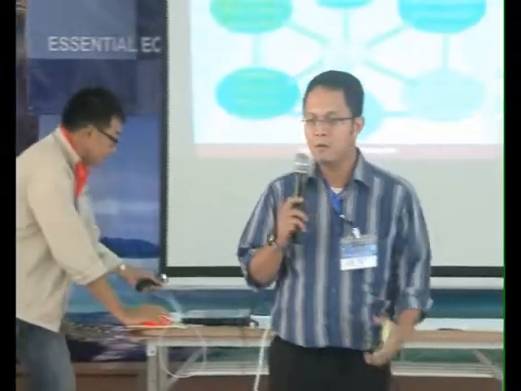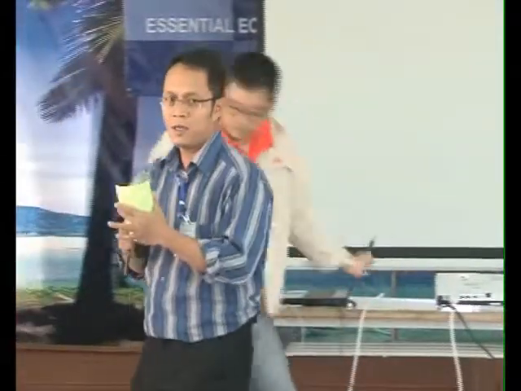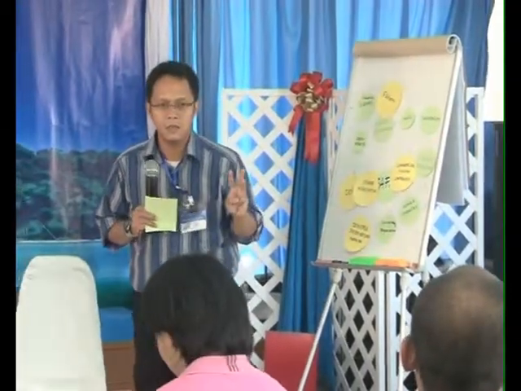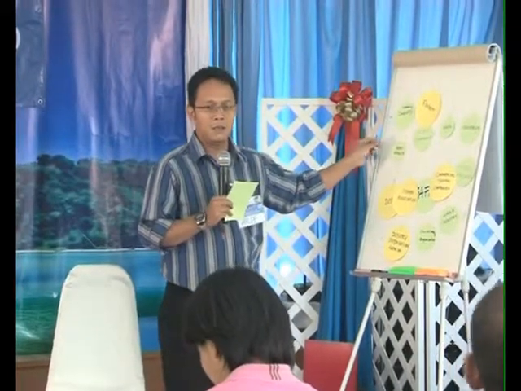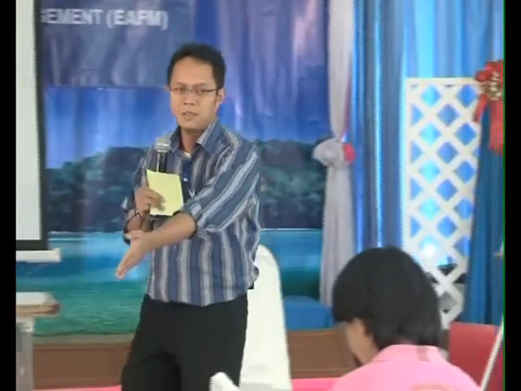After we know who the stakeholders are, we have the plan and we have a game connecting each element to element. After you know what the EAFM is, we already have 14 elements in here. I need 3 people in this group to come and stand in the front of the class.